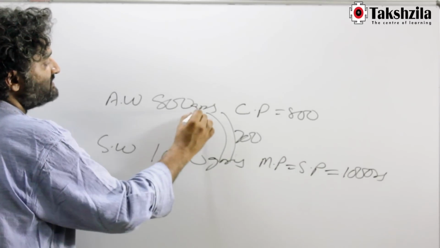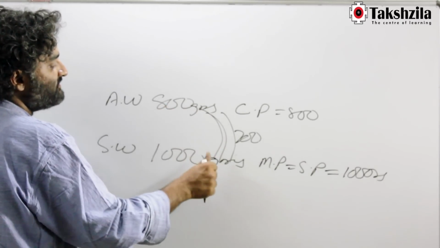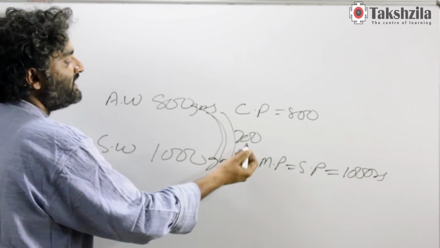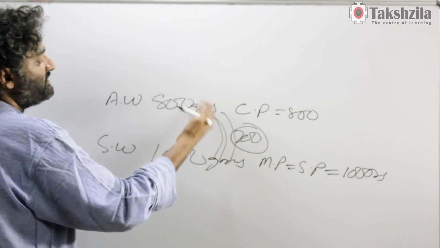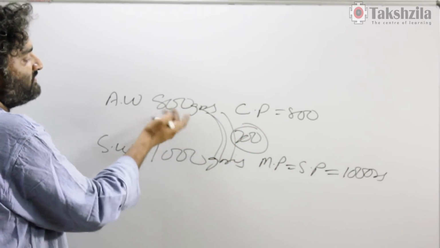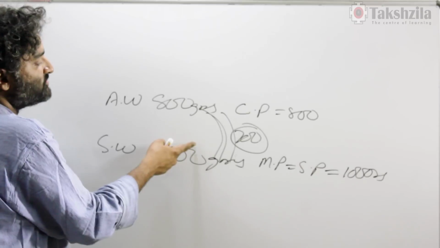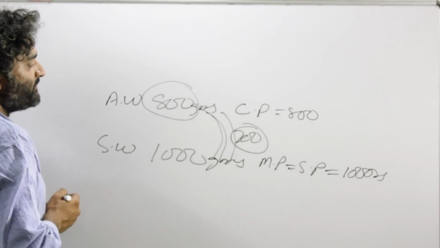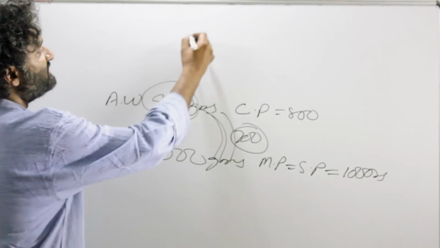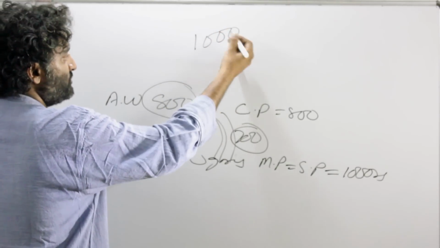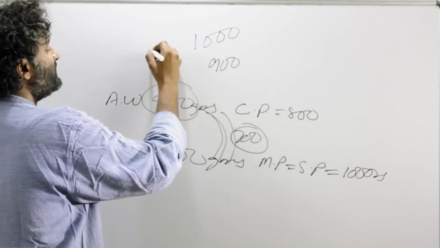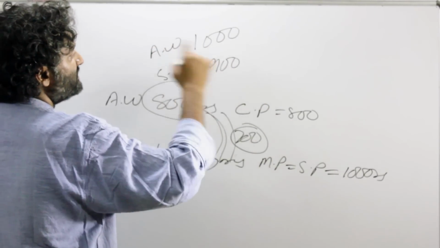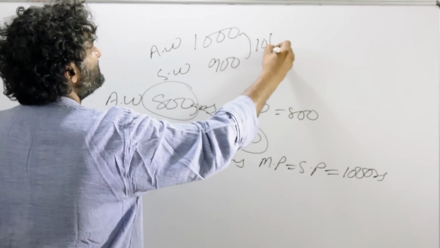So essentially this machine, when it shows the weight more than it is, is providing a markup only, and the markup percentage can be figured out very, very quickly. In this case, the markup percentage was 200 by 800, this being our base because this is our cost as such, okay? And similarly, if the machine, when you put 1000 grams actual weight, shows 900 as the shown weight, there is a discount of 10% being offered, right?